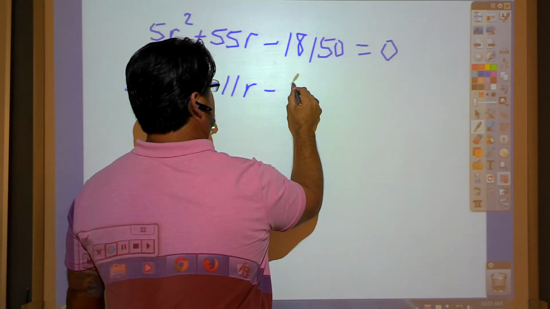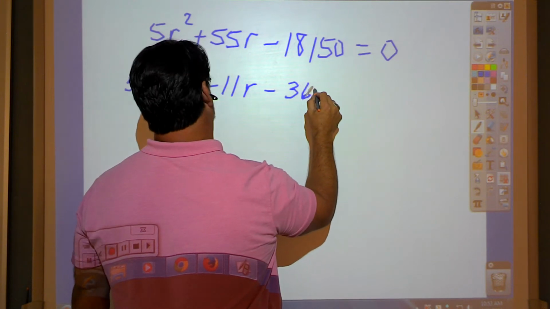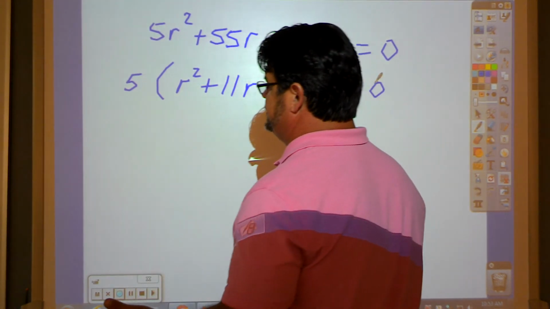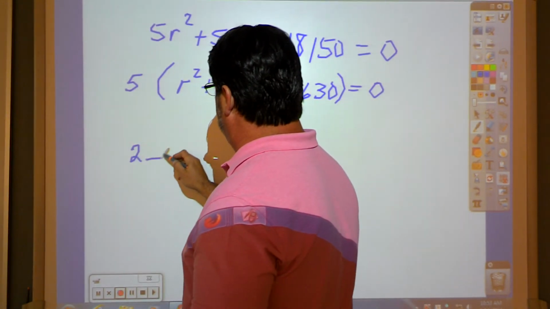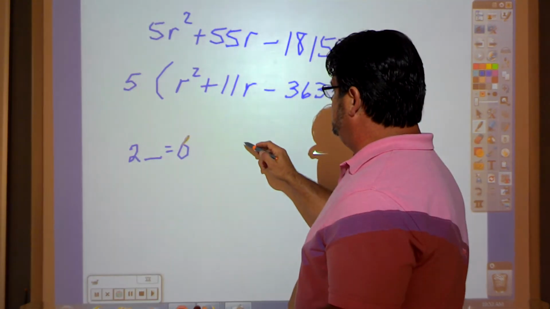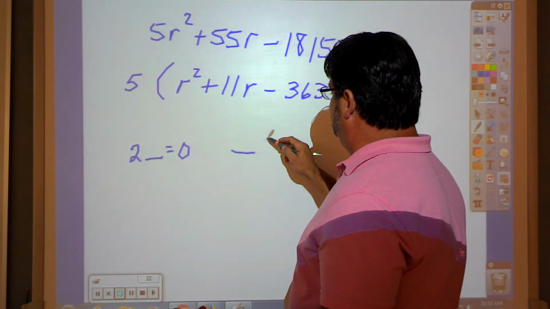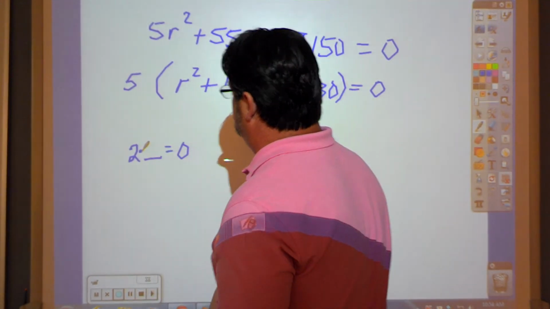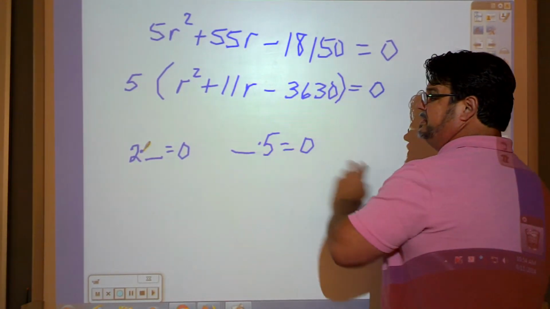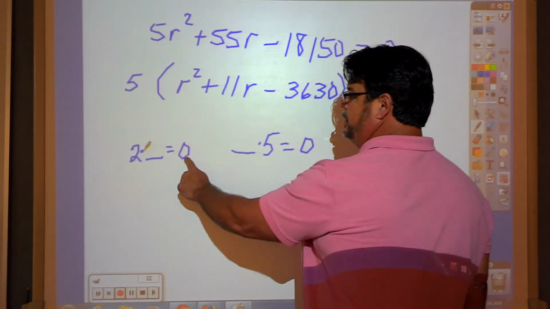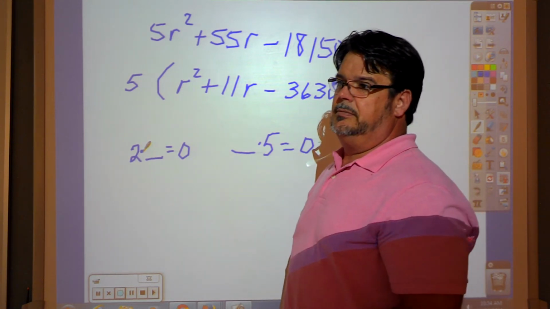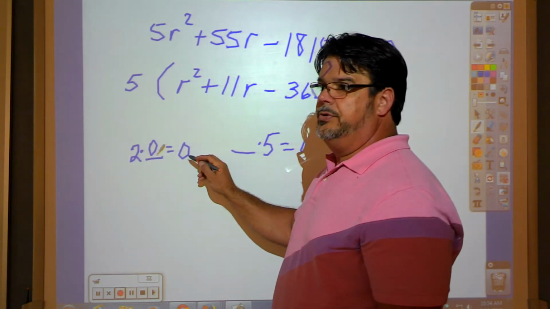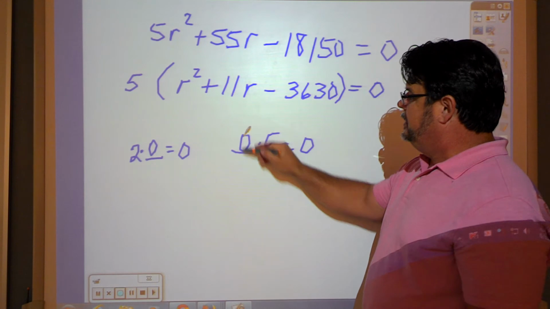What was this? 30 what? 36, 30. See, if you had two multiples, 2 times blank is equal to 0, and blank times 5 is equal to 0. What's true about these blanks for them to equal 0? This has to be 0 for this to be true, and this has to be 0.